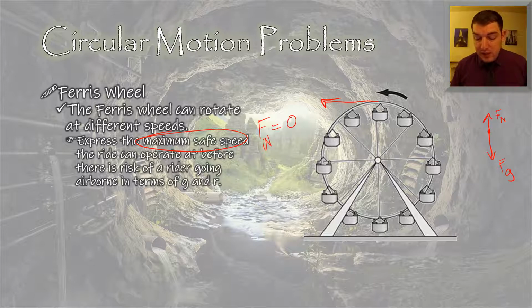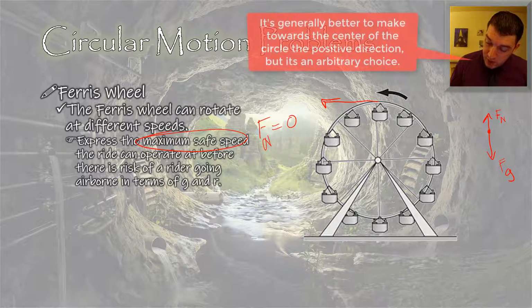I'm going to go ahead and leave the net force in it just to be able to describe it at first. I'm going to choose up as the positive direction, which is important. That means the normal force, which is up, is positive, the force of gravity, which is down, is negative, and at the top of the circle, towards the center of the circle is down, which is the negative direction.